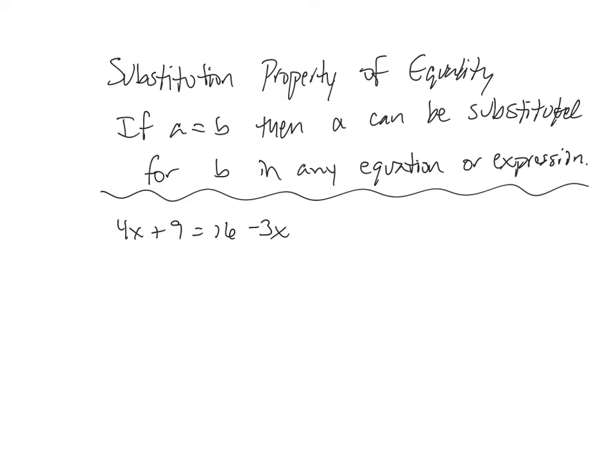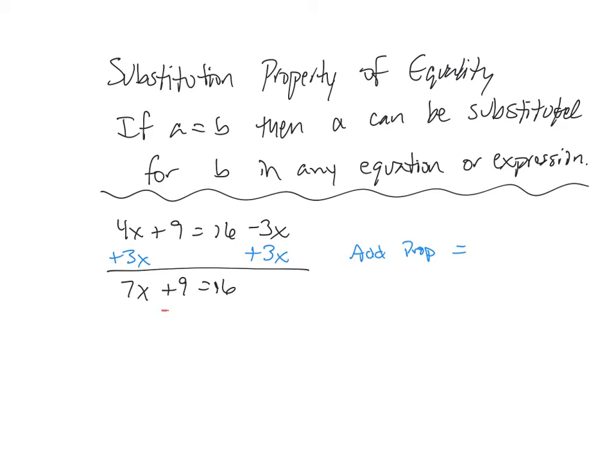So basically, what are you doing to solve the problem? The way that I would solve it is I would first add 3x to both sides. To justify that step, I did the addition property of equality because I added something to both sides.